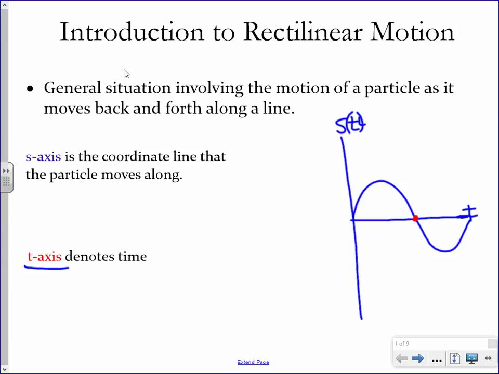If I'm pacing back and forth, the origin may be the center of the room. The origin isn't necessarily like the origin on an XY plane. Remember, we're moving back and forth just along a straight line. So if this is 1, then right here, I am 1 unit to the right from the center, or the origin. And if this is -1, then right here, I'm 1 unit to the left from the center, or the origin.